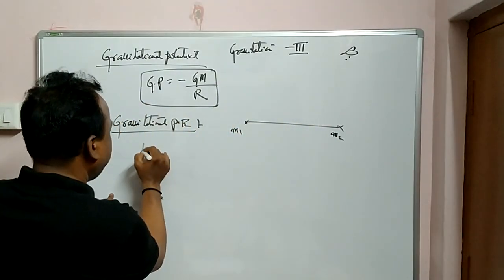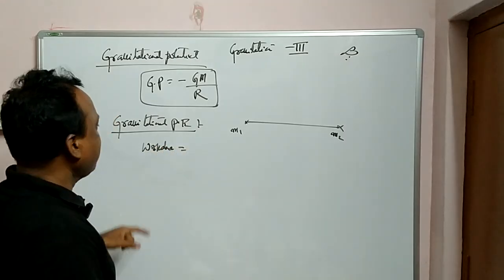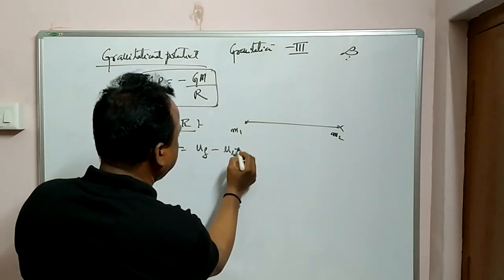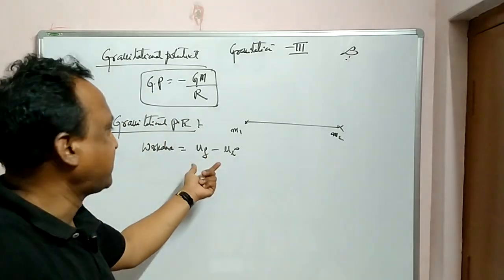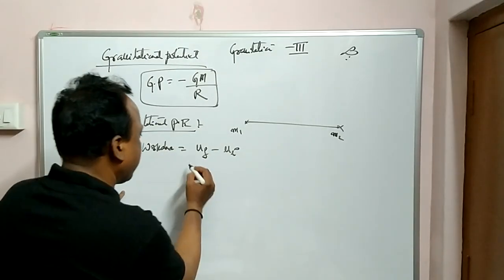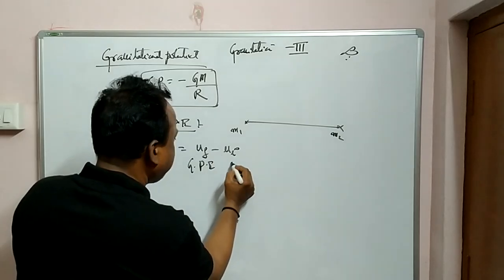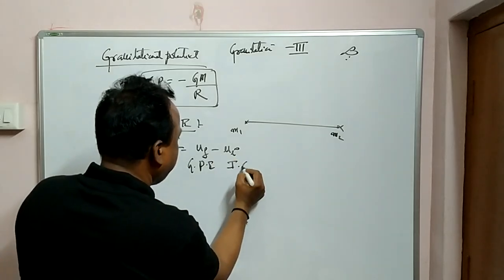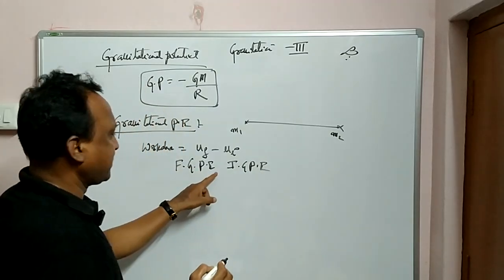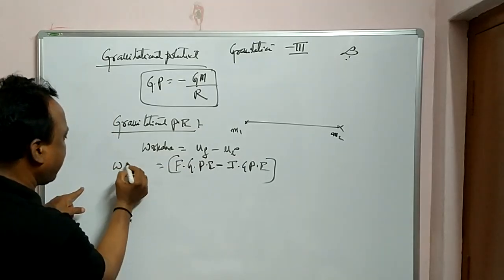So work done can also be calculated by U final minus U initial: final gravitational potential energy minus initial gravitational potential energy. This is equal to work done.